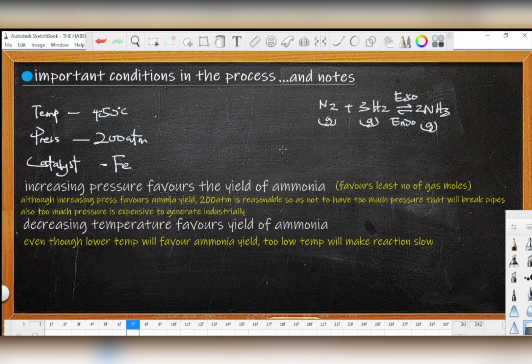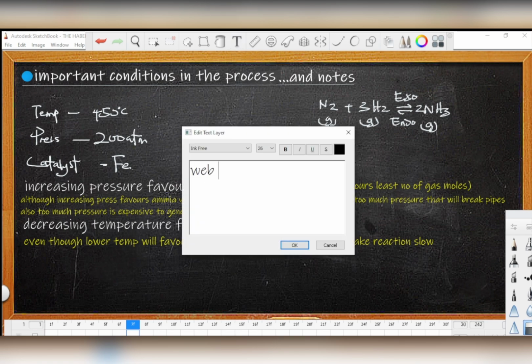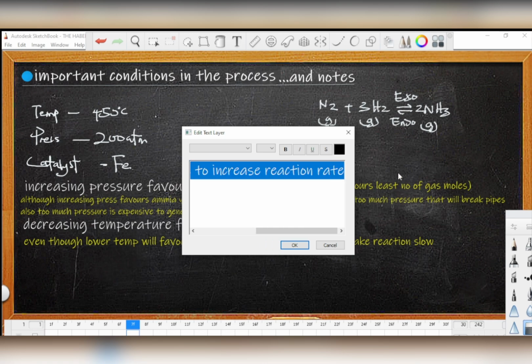So we use 450 degrees Celsius so as to increase the reaction rate, so that the reaction is not too slow.